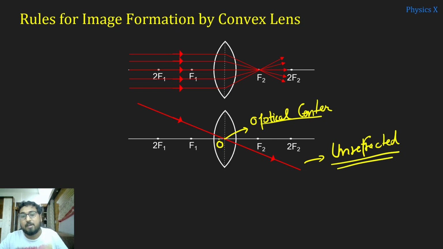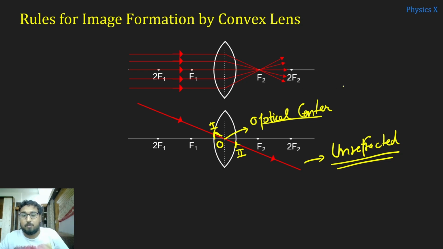So how is this happening? The refraction will occur one time here, and again the refraction will occur here. The refraction which happened at this first interface cancels out at the second interface. Suppose this is your refracted ray when it enters the lens. When it exits the lens, it will be in an equal and opposite direction to that.